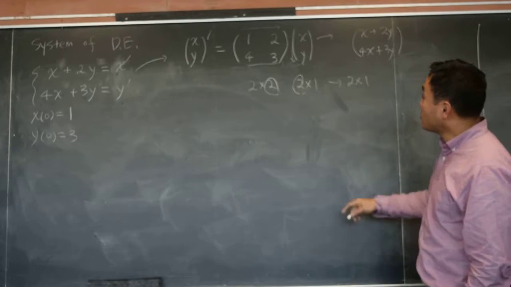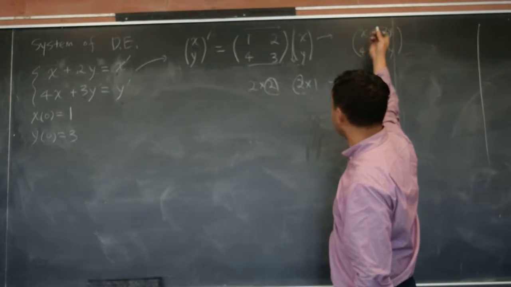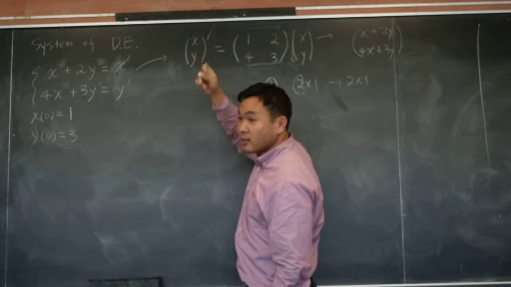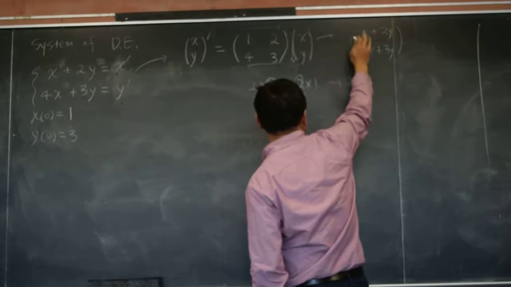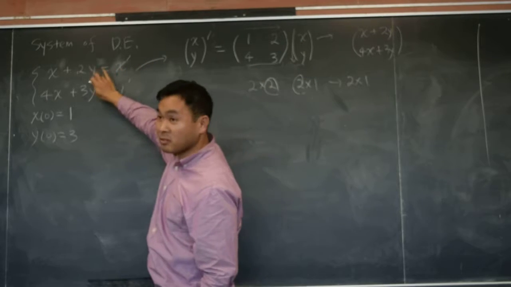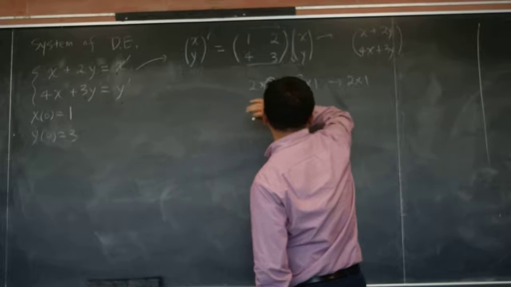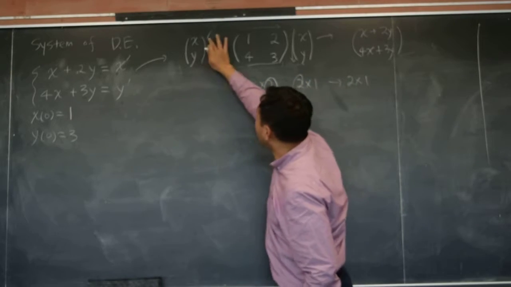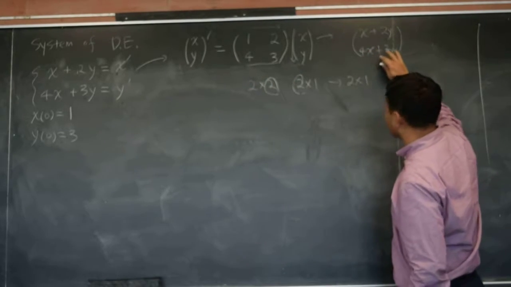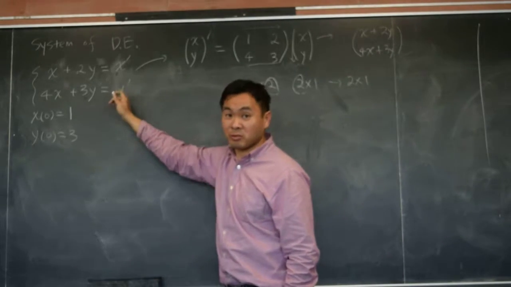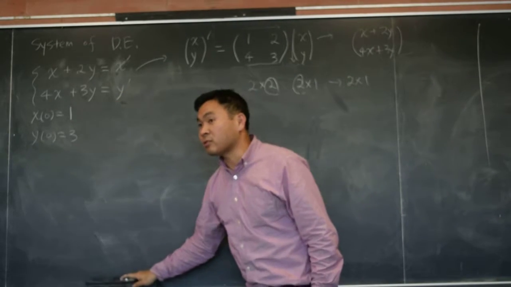If you compute this and see what it means for this to equal that, it really means that x prime should be the first row, which is exactly this thing here, and y prime is equal to the second row, which is 4x plus 3y, which represents this one. Okay. So that's the first trick.